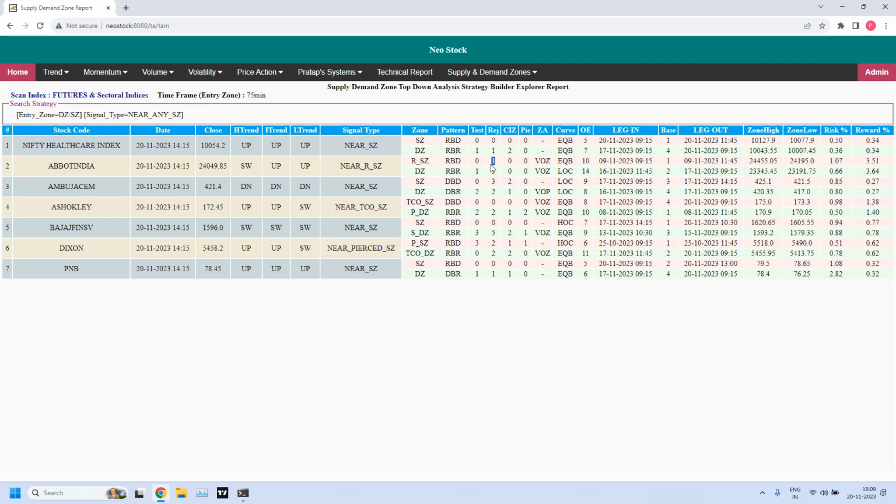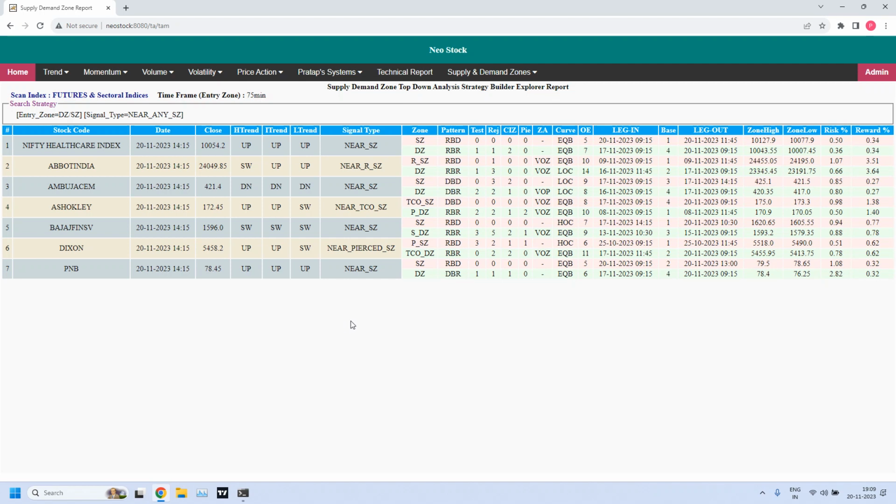It means in lower time frames we can see the test. So only one high liquidity zone from this list. So this is about stocks near demand and supply zones for 75 minutes.